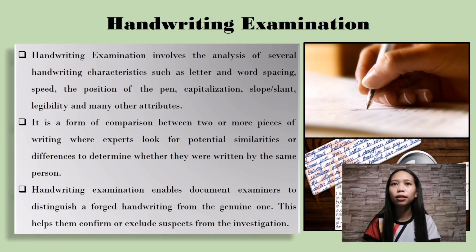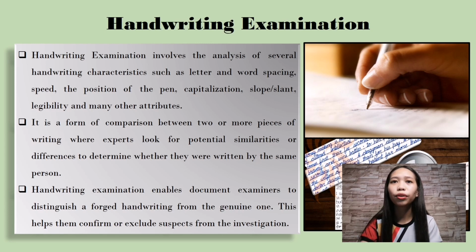So next is handwriting examination. Handwriting examination involves the analysis of several handwriting characteristics such as letter and word spacing, speed, the position of the pen, capitalization, slope or slant, legibility, and many other attributes.